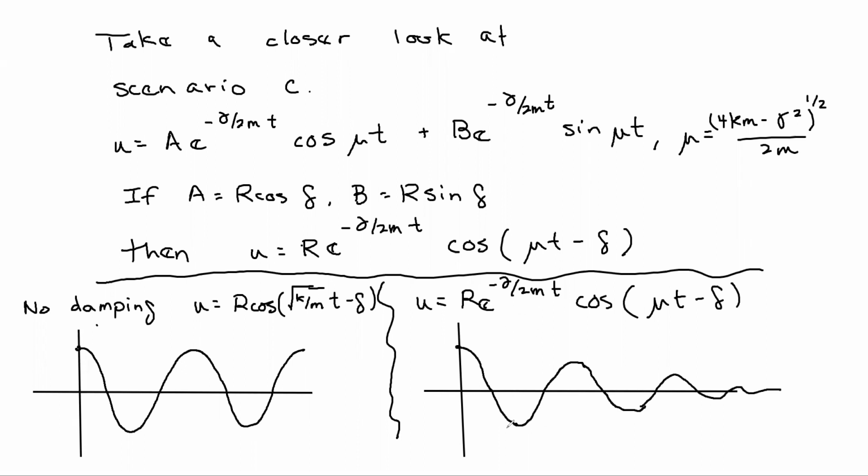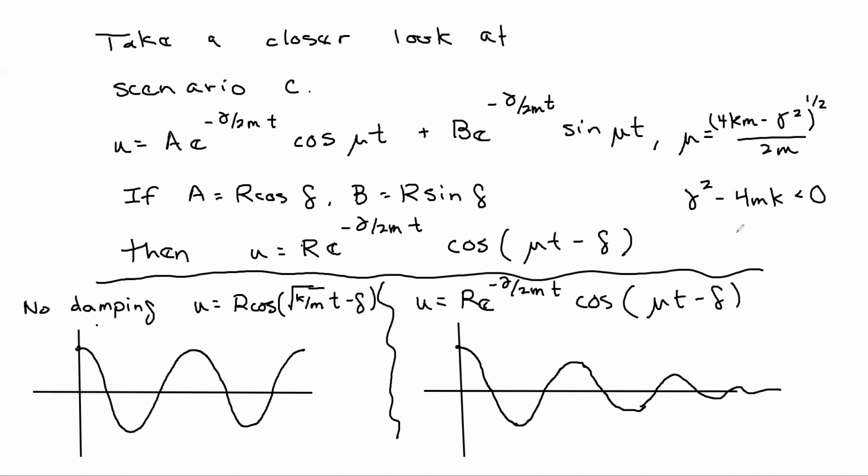Okay, and so adding damping causes it so that when you pull the mass down and then release it, the mass eventually goes back to equilibrium. No damping, the mass continues forever. Okay, so one observation about this is that this is the scenario where we have gamma squared minus 4mk less than 0.